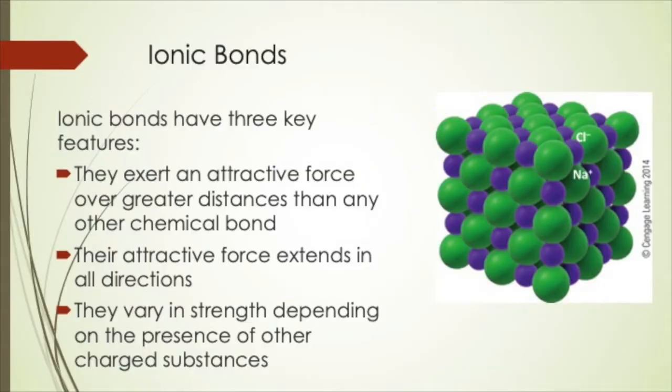Ionic bonds have 3 features, right? They have an attractive force that converts a greater distance than any other chemical bond, right? Their attractive force extends in all directions, and they can vary in strength depending on the presence of other charged substances.